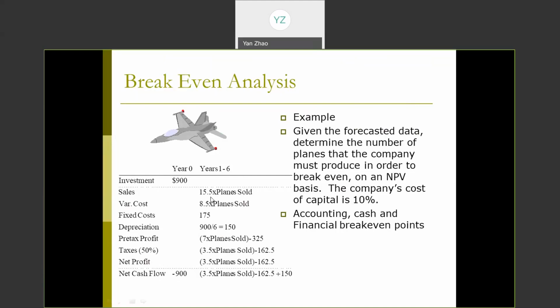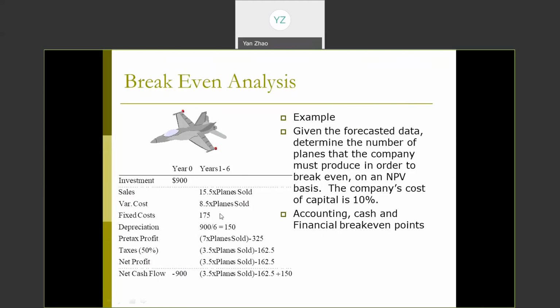Now suppose each airplane can be sold for $15.5 billion, the total sales number will be 15.5 times how many airplanes you can sell. Okay, so that is the total sales number. The variable cost for each airplane is $8.5 billion. Then the total variable cost will be 8.5 times how many planes you can sell.